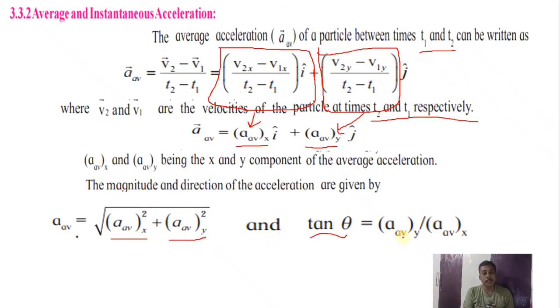A similar formula we use for average velocity also. For the magnitude of average velocity we use the similar formula. Now the direction: tan theta is equal to y component upon x component. So this is the direction of acceleration: the y component of average acceleration divided by the x component of average acceleration.